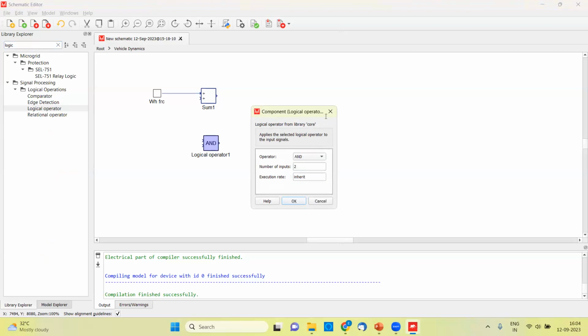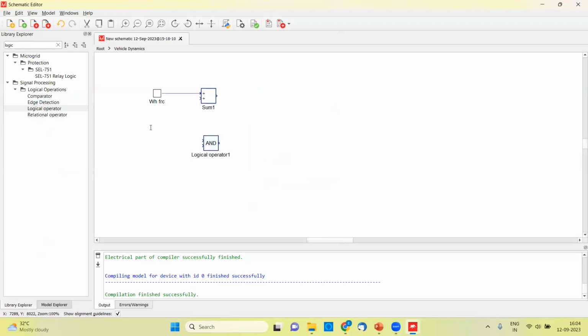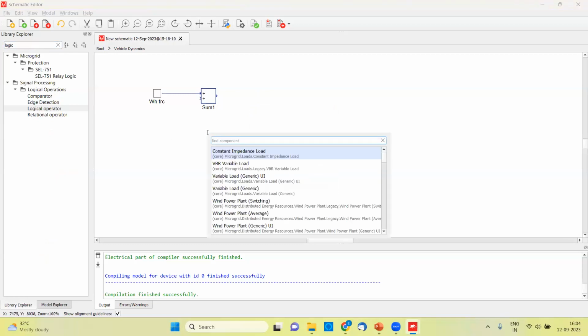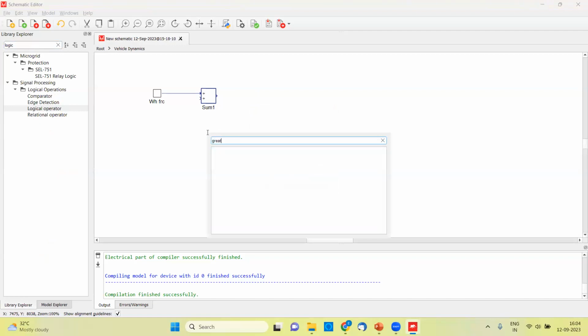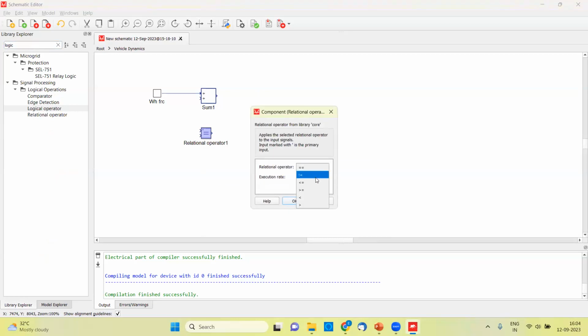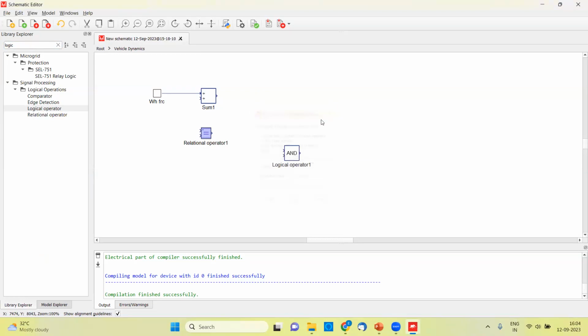For cruising, you want some limit. Suppose I have this AND block, but along with that I also want to use a greater than or lesser than relational operator. You will have many scenarios with equal to, greater than or equal to, less than or equal to, so you can design the entire control however you want.